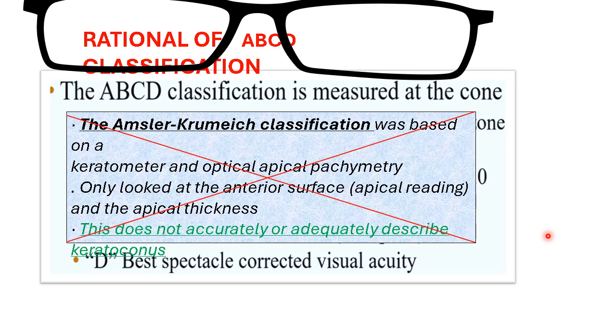So it depended mainly on the changes in the anterior surface of the cornea, not taking into account the changes in the posterior surface. So this was not enough and not satisfying for doctors. The ABCD classification covers all the aspects of documentation of keratectasia progression, and this classification has been placed in the Pentacam software.